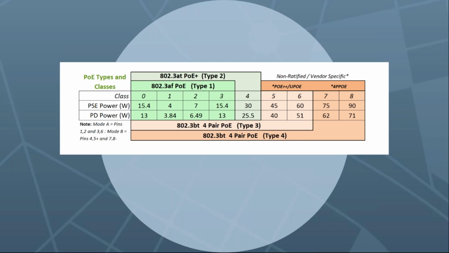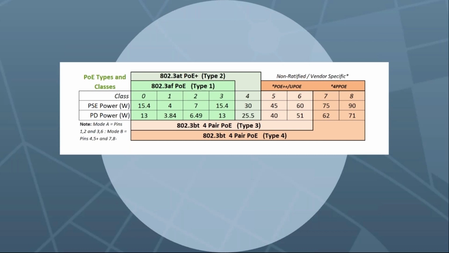And so in 2018, they released 802.3bt power. These are all standards-compliant Power over Ethernet, and this will help as I'm talking about our different PoE switches and what they do.